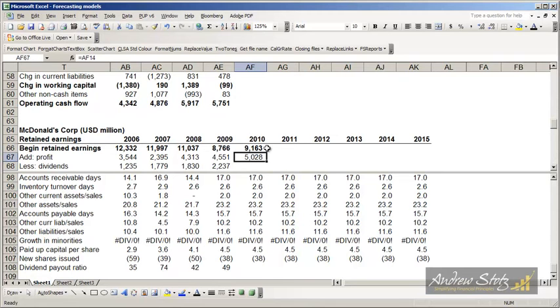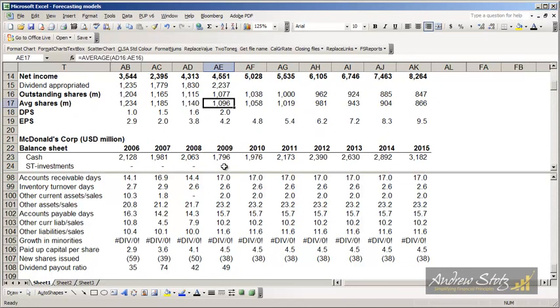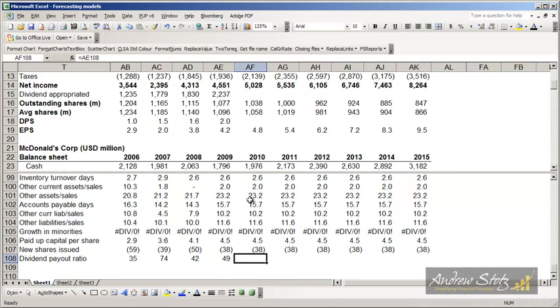The next thing that we have to do is look at the dividends that the company's paid out. Now in this case, we can see that the dividends that the company's paid out is right here, and we can calculate our dividend payout ratio by just looking at the amount of dividends paid out divided by profit. So in this case it's 49%. Let's carry that 49% over for the year, and then that will tell us how much dividends we will have.